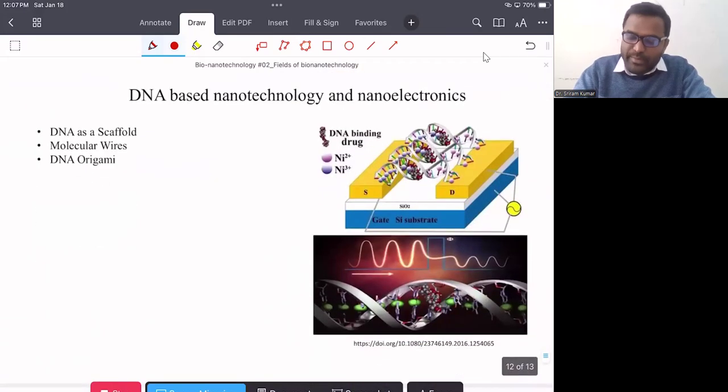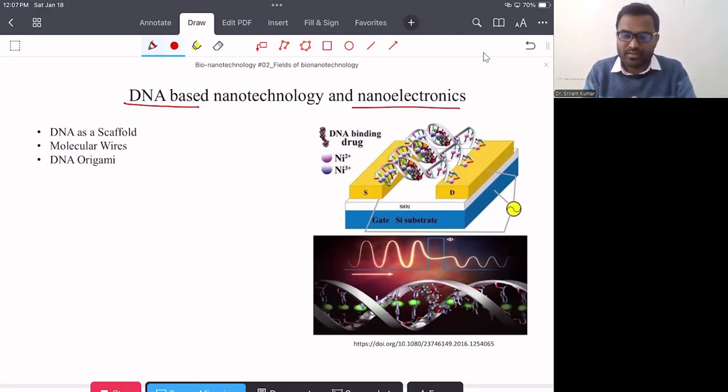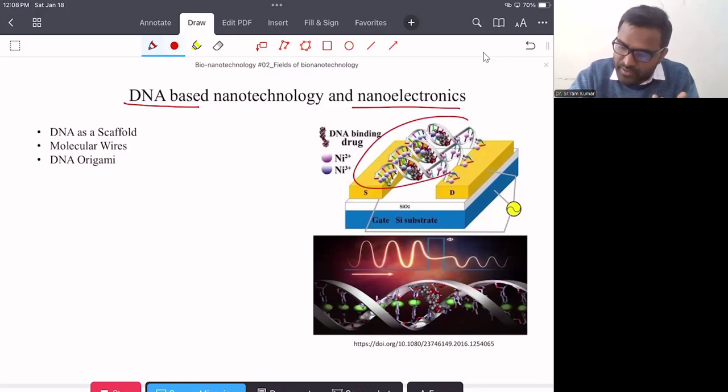What about the application of DNA-based nanoelectronics? In this particular area of research, we use DNA as a scaffold and then modify it. So here you have DNA, right?